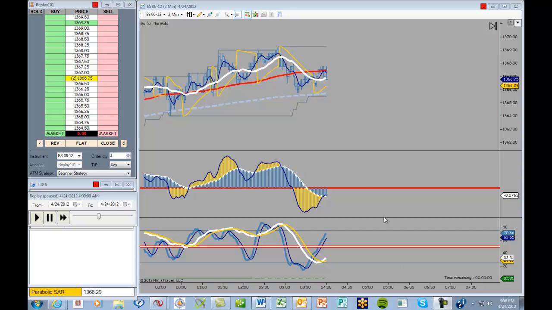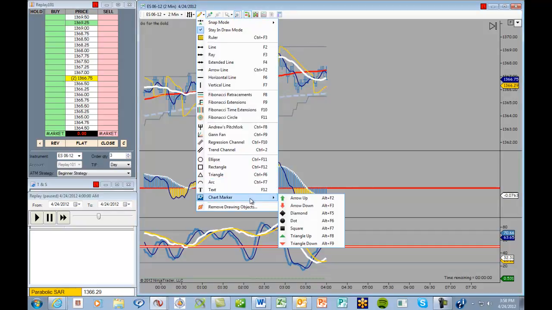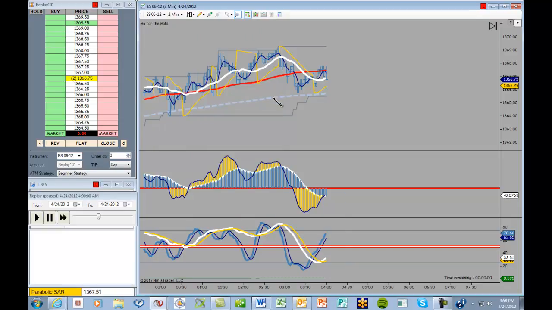Before we even start the data feed, however, I'm going to mark this high right here because it does appear to meet our criteria. We're touching the upper Donchian channel. The MACD makes it look like a high, plus we have some bearish divergence here.